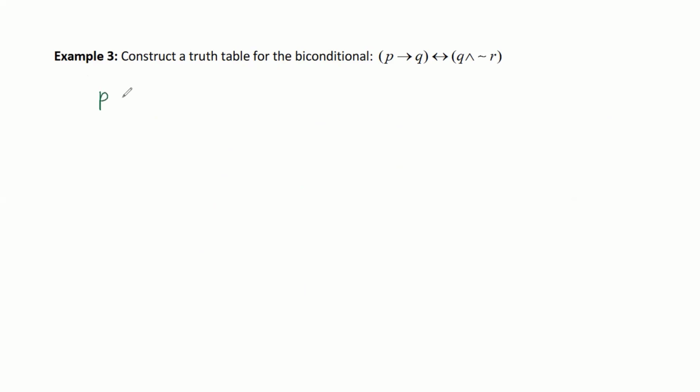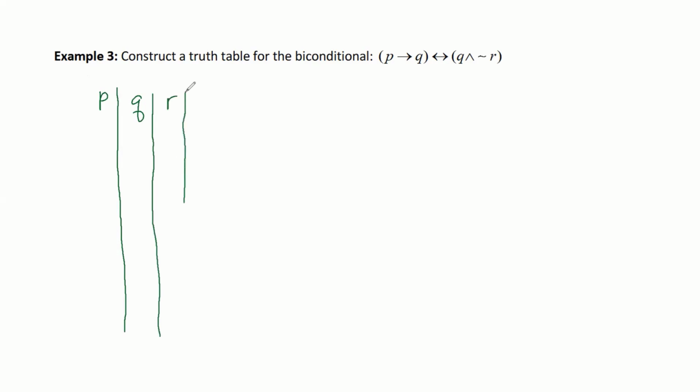So we're going to start with P and Q and R. And now we're going to have if P then Q, just giving it a little extra room. If and only if, Q and not R.